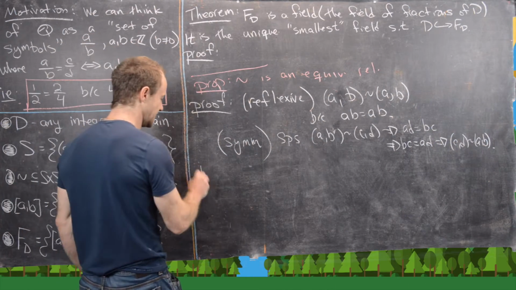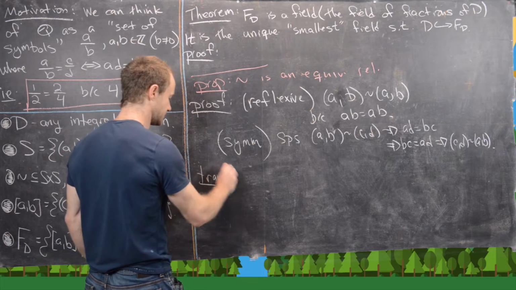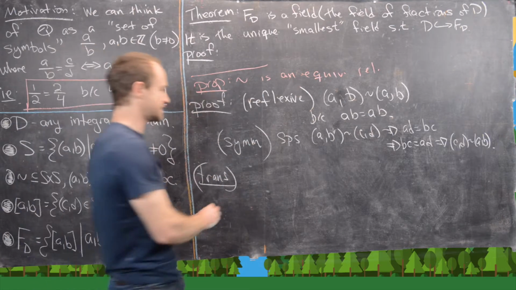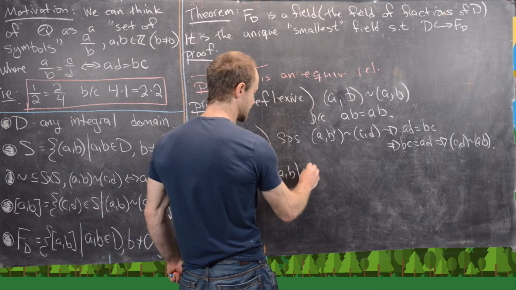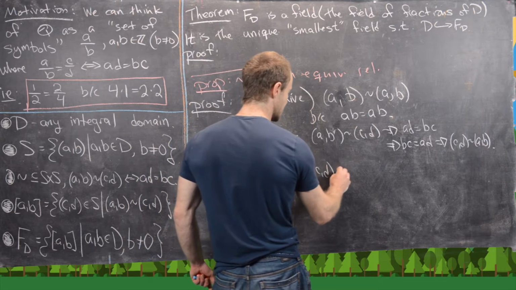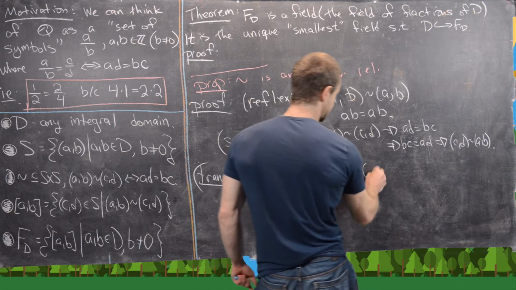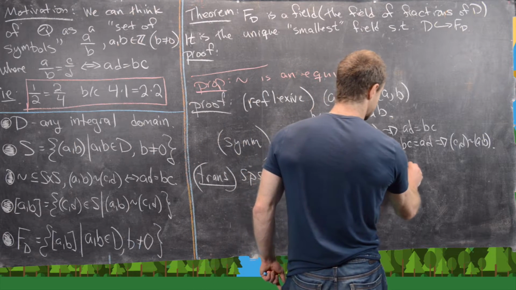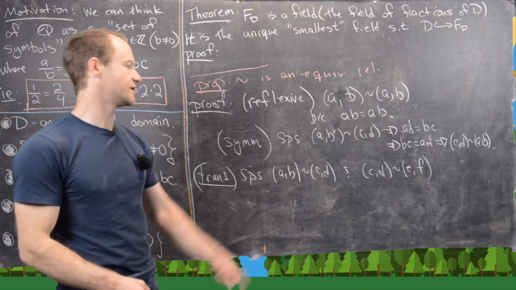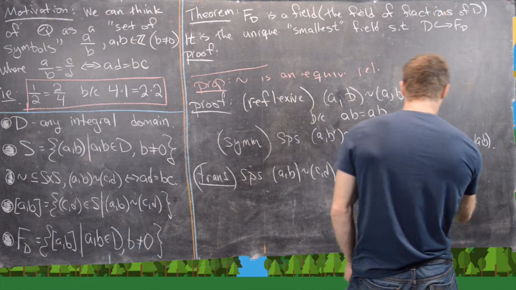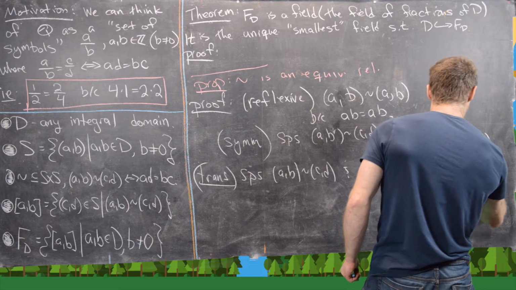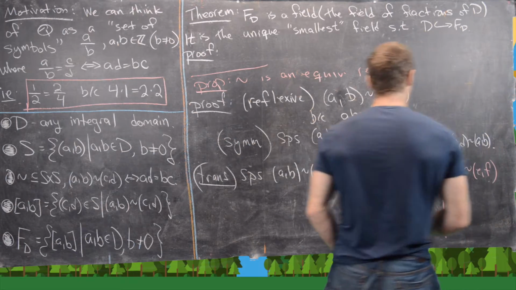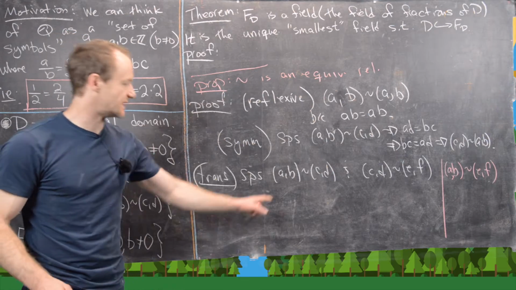Now the next thing that we need is transitivity. So let's go ahead and suppose that (A, B) is related to (C, D), and (C, D) is related to (E, F). Notice our goal here will be to show that (A, B) is related to (E, F). Let's recall what each of these means.